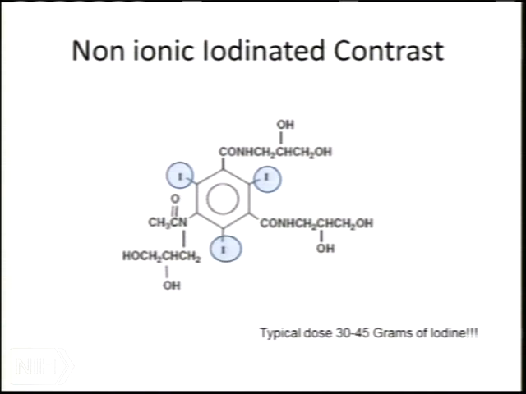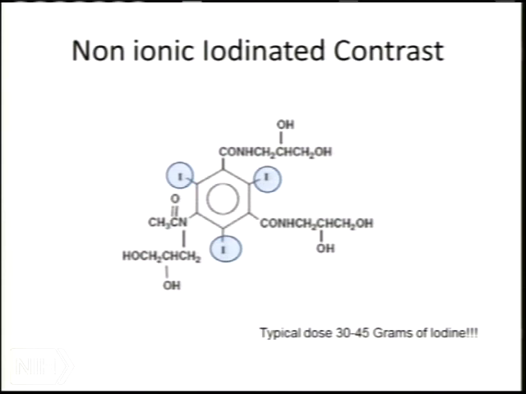It's a regular benzene-type chain, but there are at least 3 iodines attached to it per molecule, so that you can get a fairly high density. Iodine will block X-rays, so you'll see exactly where the contrast has shown up because of the presence of iodine.